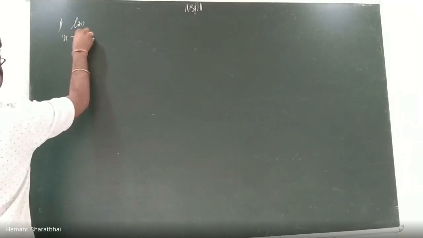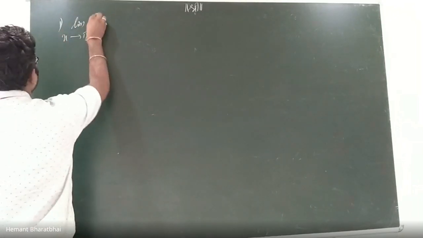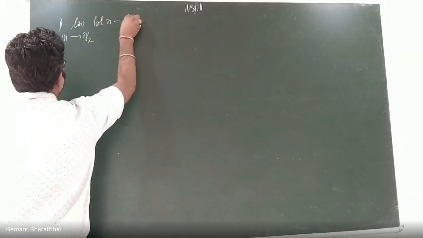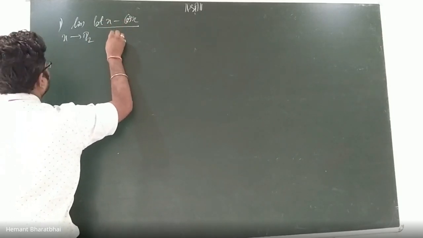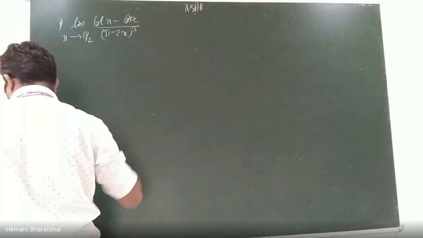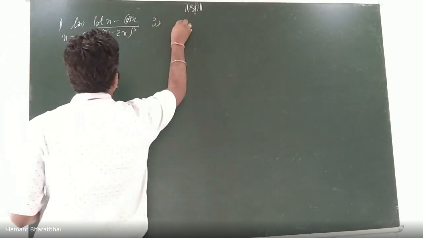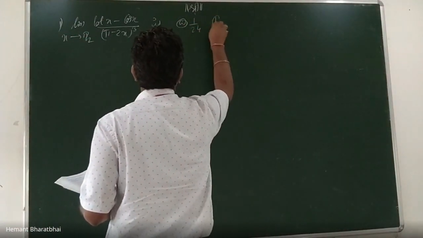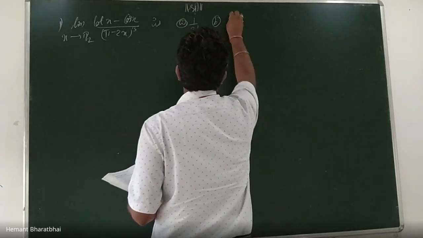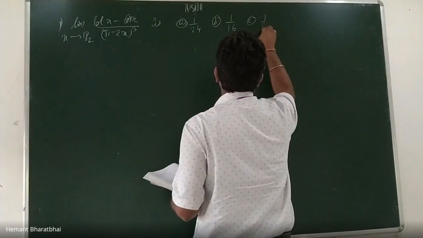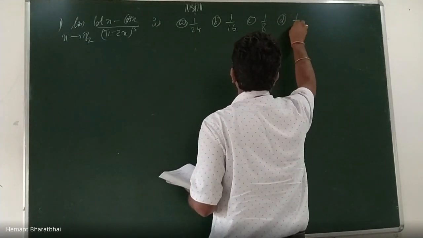So let's see this limit of x tends to pi by 2, (cos x minus cos x) upon (pi minus 2x), the whole cube, is equal to: option A 1 by 24, option B 1 by 16, option C 1 by 8, and option D 1 by 4.